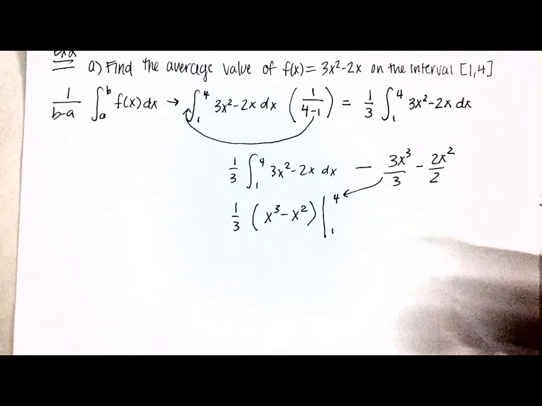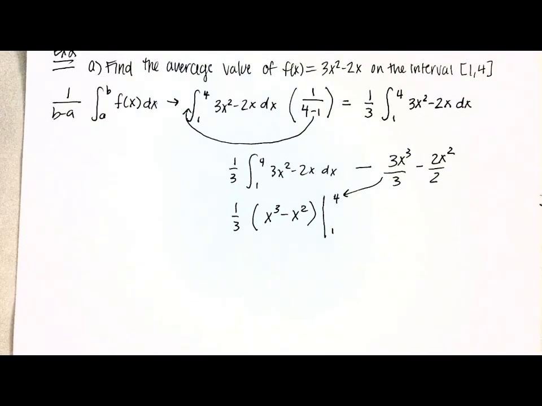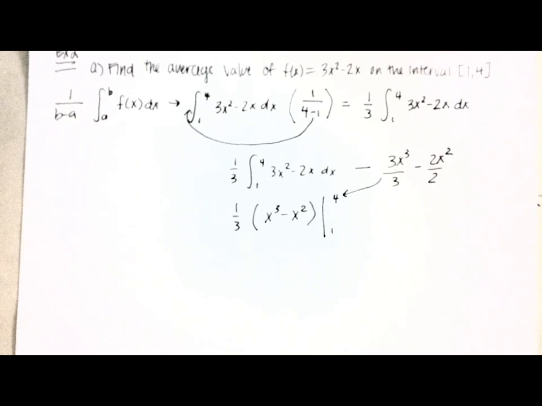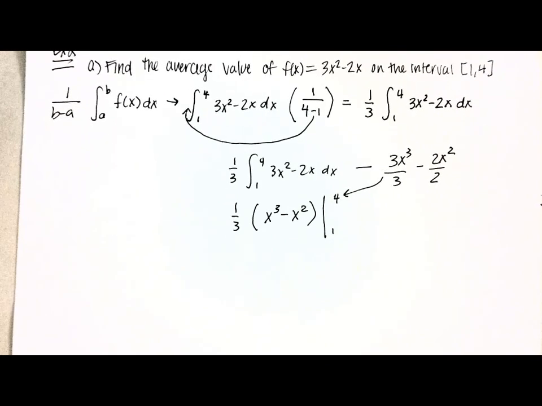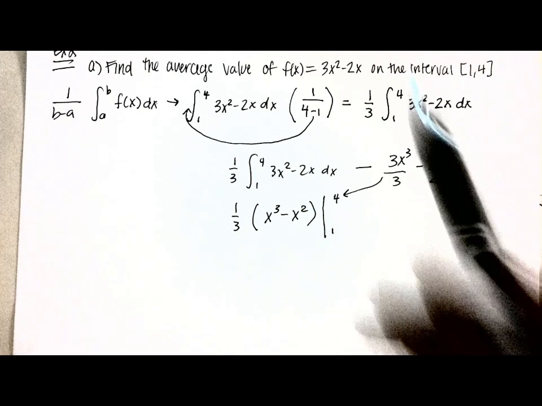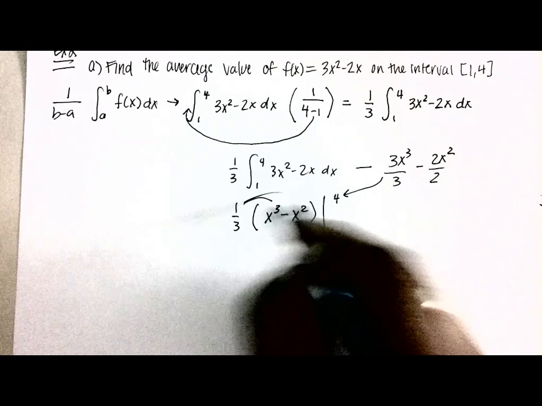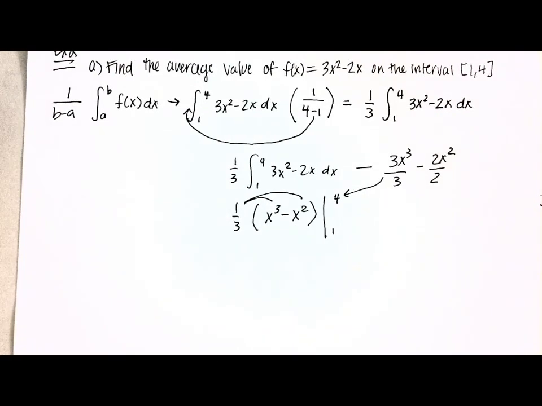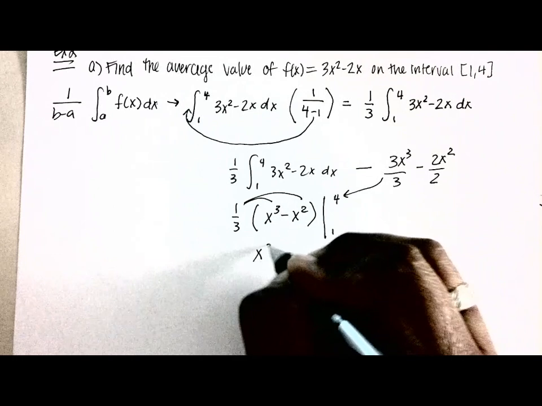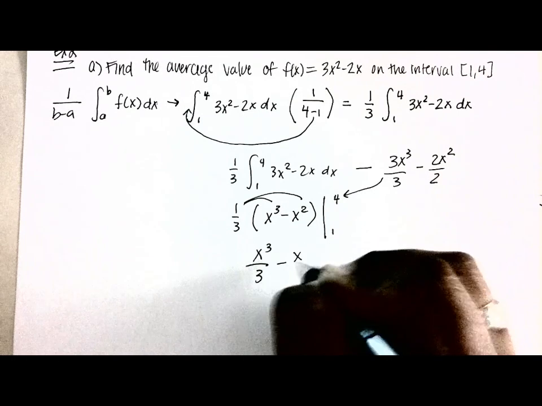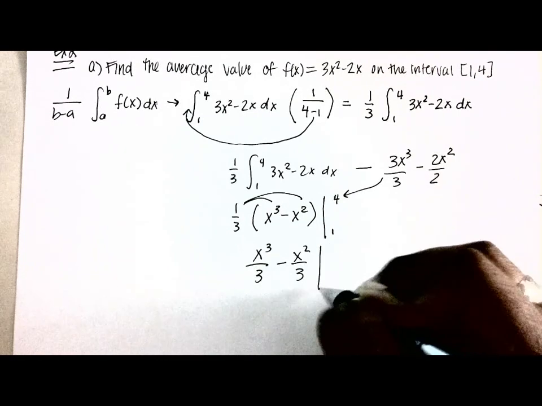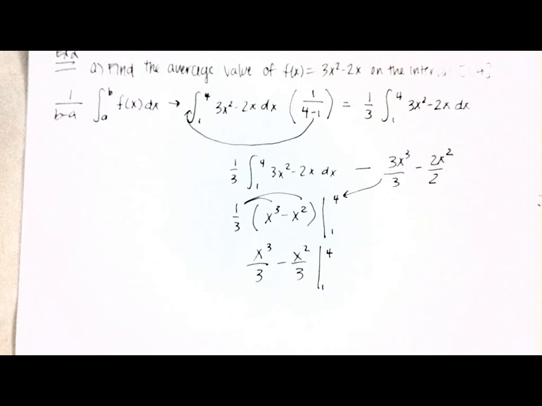And so that simplifies to that, right? Should we distribute the 1/3? Yeah, you can distribute the 1/3. So x cubed over 3 minus x squared over 3, evaluated from 1 to 4.